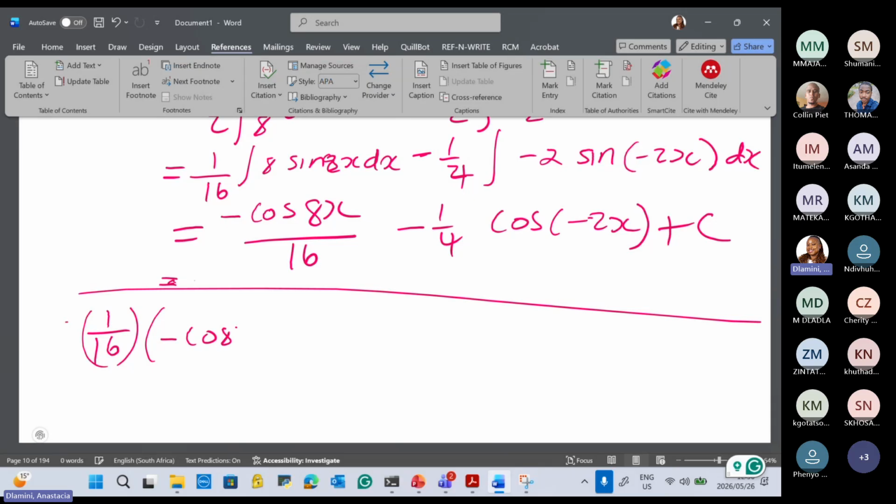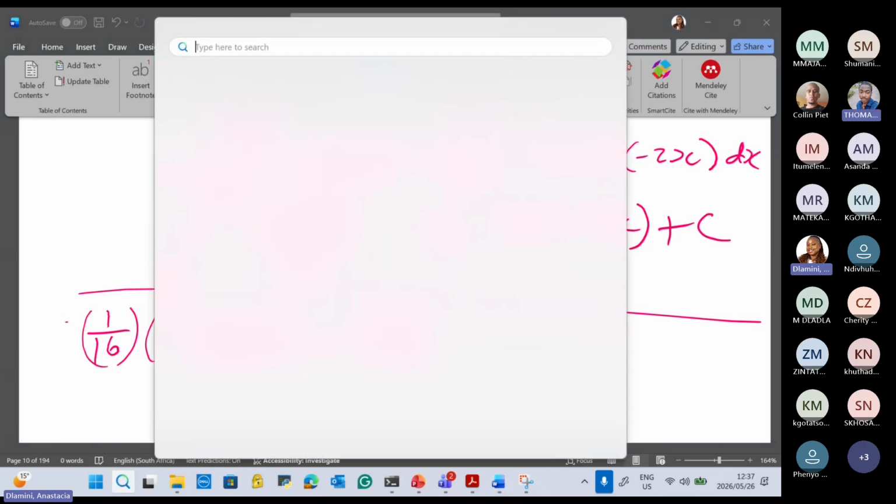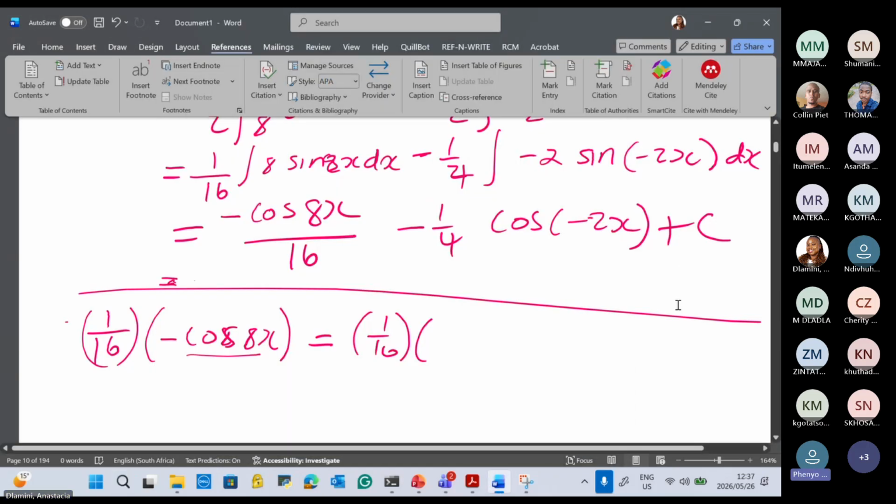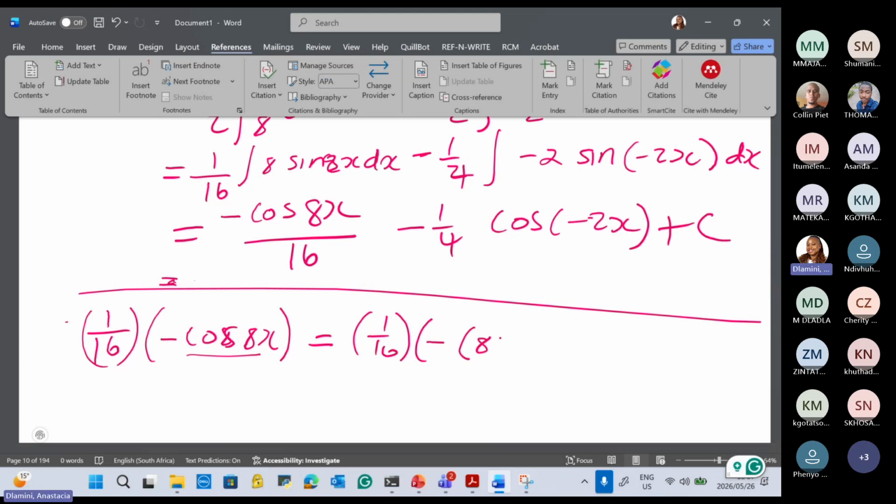Differentiate this. What do you get? You get 1 over 16 times the derivative. What is the derivative of this, guys? It's negative 8 sine 8x. Thank you. So it's negative 8 sine 8x. You guys are confusing me.